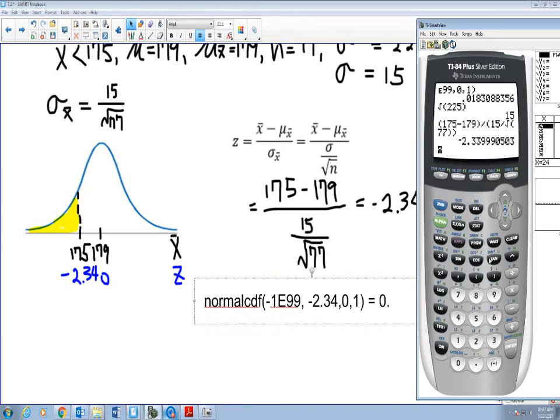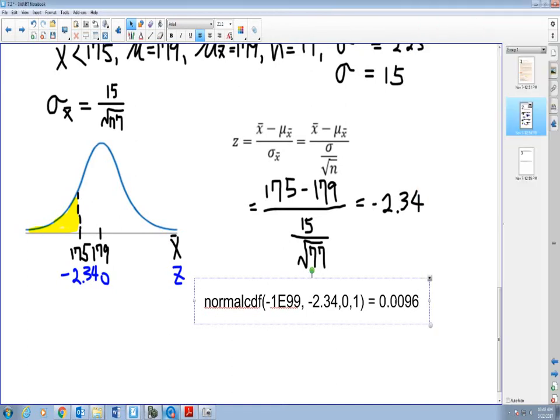Let's see what that is. So my probability is 0.0096.